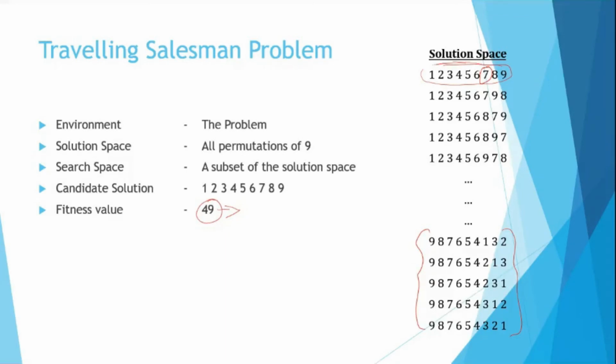But when we calculate the fitness of this candidate solution, we have to do some operation, like 1 by 49, or 1 by the fitness value, as a possible way of finding out the quality or fitness of that solution. That we will also see later.